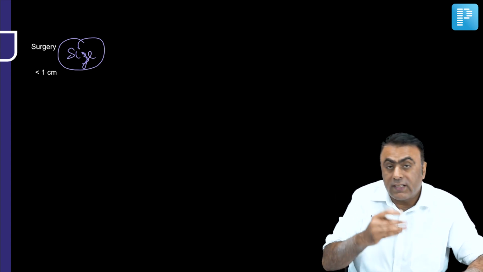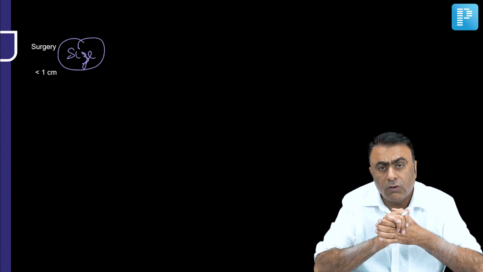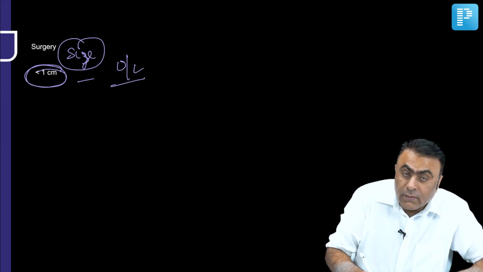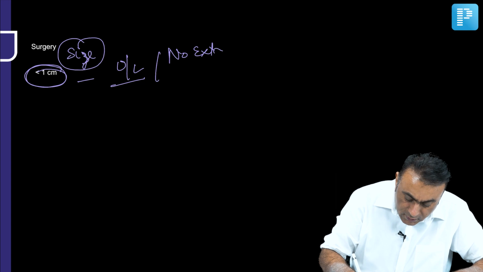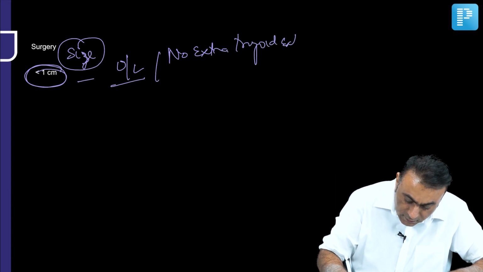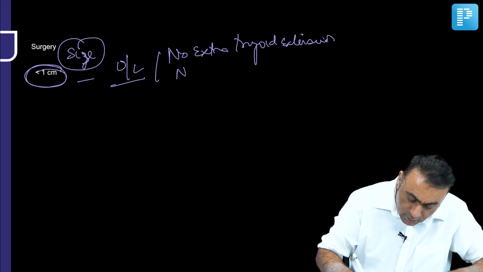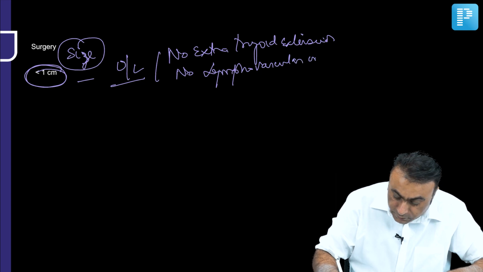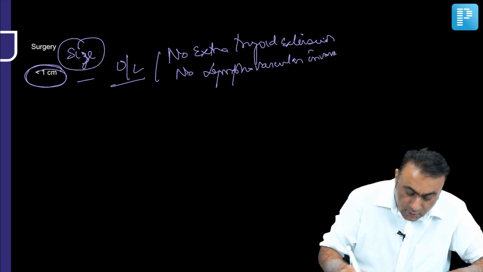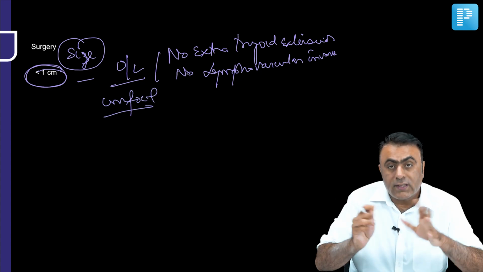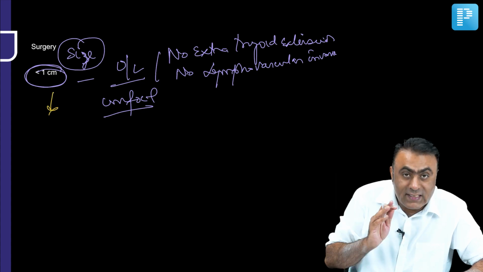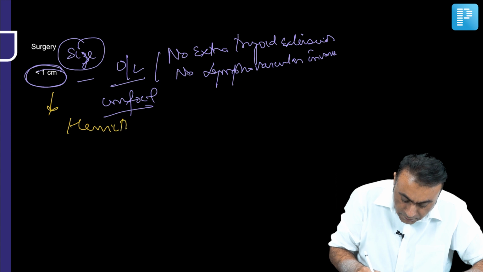If the tumor is less than 1 centimeter, unilateral, unifocal, with no extrathyroid extension and no lymphovascular invasion, one important accepted option of treatment in these patients is a hemithyroidectomy.